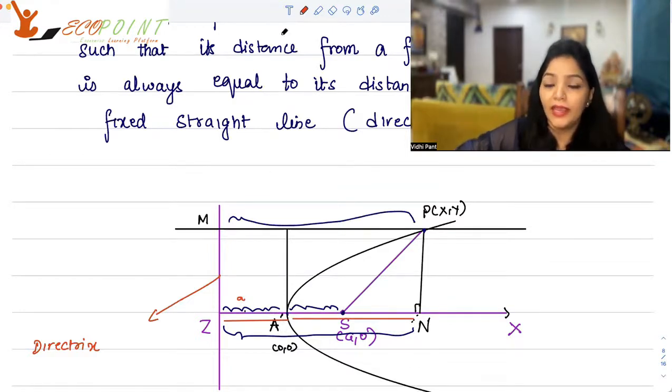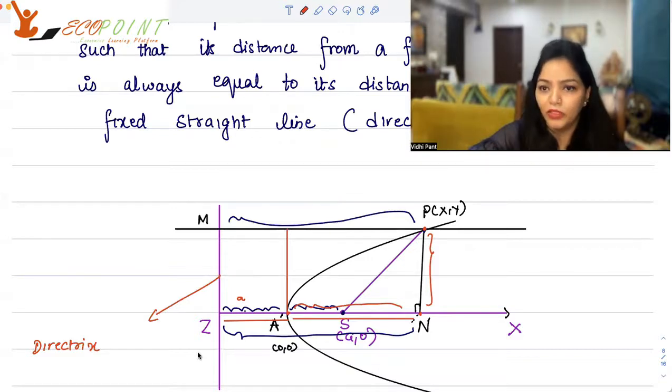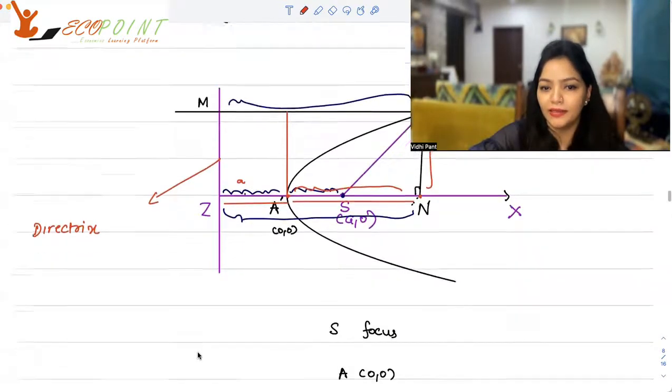And AN is basically this much length, and this length is nothing but x, because this point here is x comma y, which means this much length is y and this much length is x, since this is the y-axis. So Zn or MP, they're both equal to A plus x.